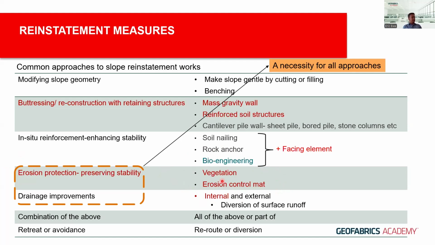And most of the time, as the scale of the job becomes bigger, you should think of a combination of the above to get the most optimum reinstatement measures. The last option, obviously, if you can think of it, is to retreat or avoid, in terms of rerouting or diverting the traffic of the road.